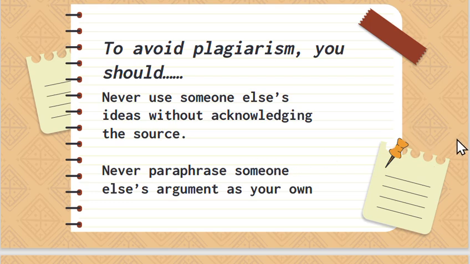Never use someone else's words or ideas without mentioning the owner. Number two, never paraphrase someone else's argument as your own words. Try not to paraphrase someone else's opinion or words and present it as your own words.